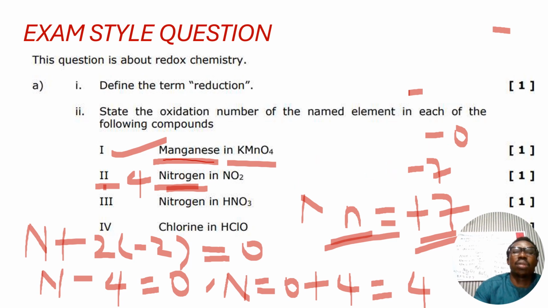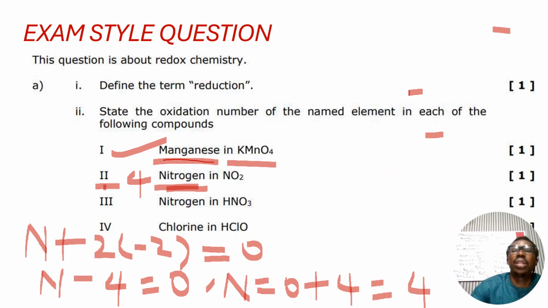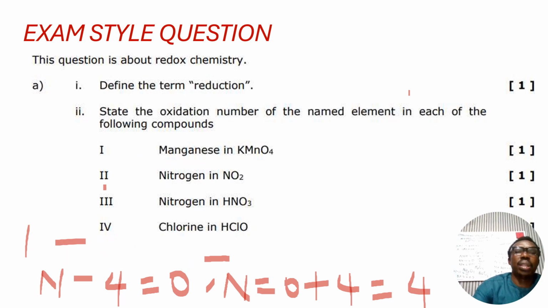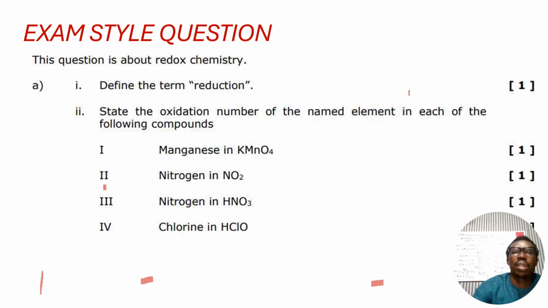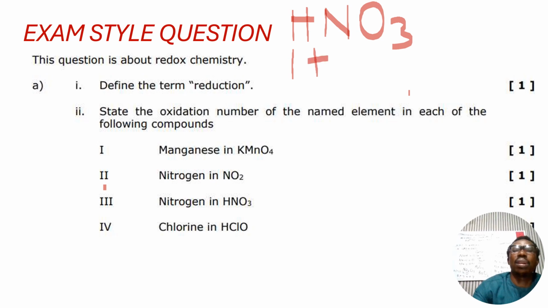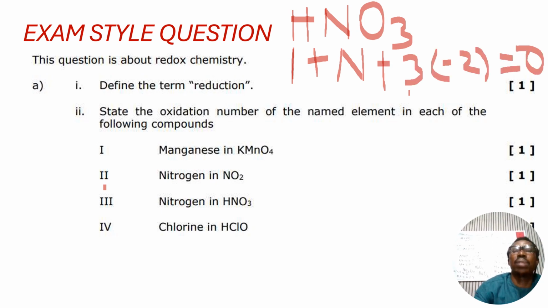The next one is to calculate the oxidation number of nitrogen in nitric acid, HNO3. The oxidation number of hydrogen is plus 1, so 1 plus nitrogen plus 3 times (minus 2) is equal to 0, a compound without a net charge.